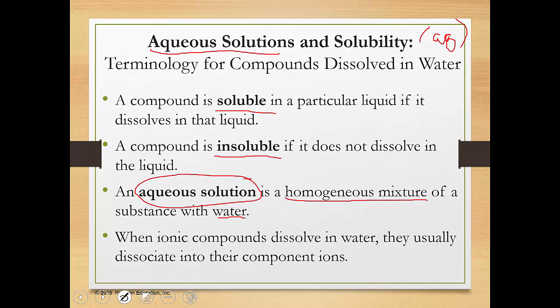But what if we put, instead of a molecular compound, an ionic solid into water? Well, some of them dissolve and some of them don't, but when you have an ionic compound that dissolves in water, in addition to dissolving, it will do something called dissociate. And that just means it breaks apart into the individual component ions that you have in that compound.